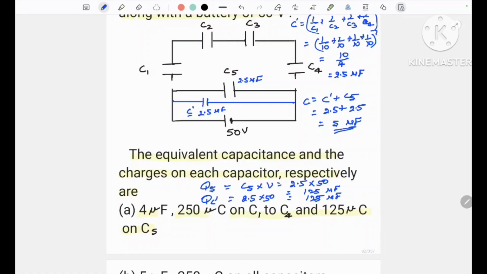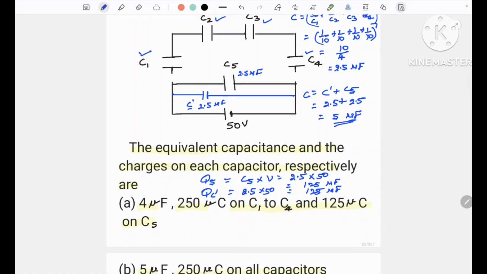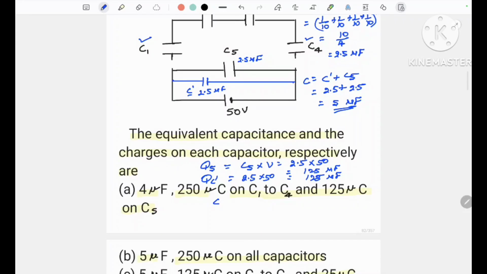जो C डैश पर चार्ज होगा वही C1, C2, C3 एंड C4 पर होगा. इसलिए Q1 is equal to Q2. ये Q1 is charge on C1, Q2 is charge on C2 and Q4 is charge on C4.